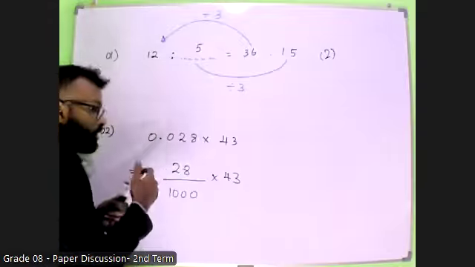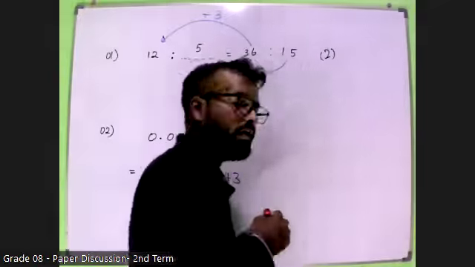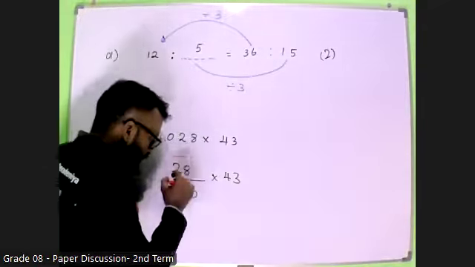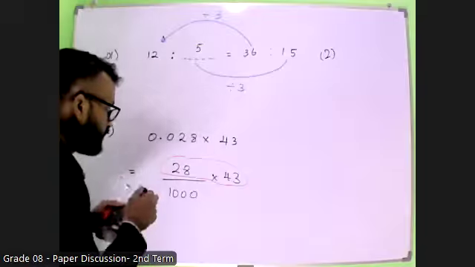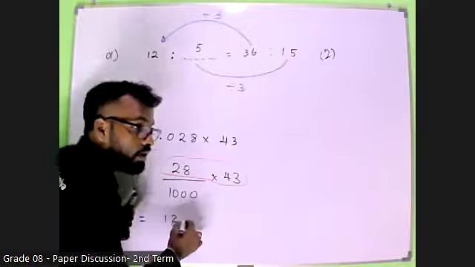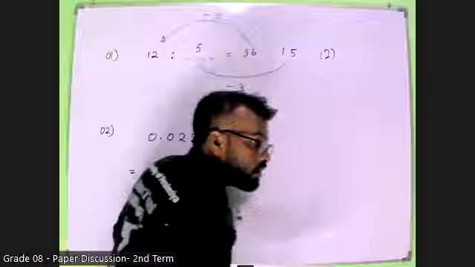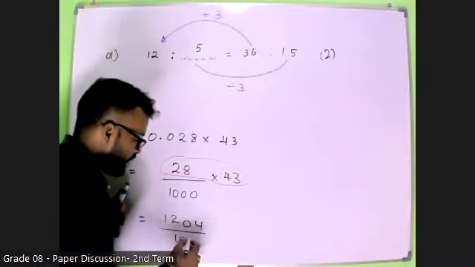Now the answer for 28 times 43 has been given. What is the answer for this? It is 1204. So 1204 in the numerator and 1000 in the denominator.